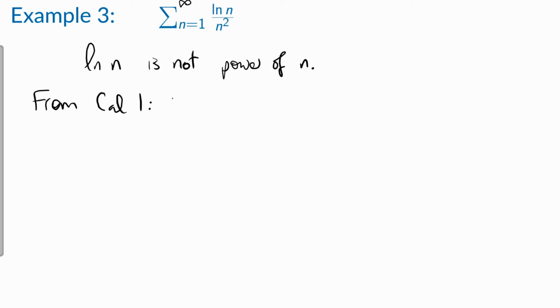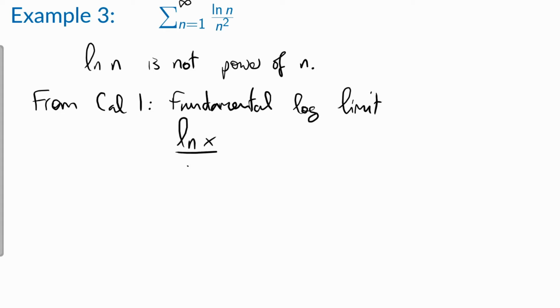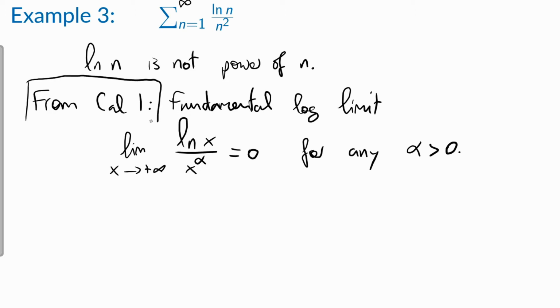This is the so-called fundamental log limit. This says that ln of x divided by x to the alpha, if I take the limit as x goes to infinity, is 0 for any positive number alpha. And actually this one is an easy enough thing to prove if you use L'Hopital's rule, and if you remember using L'Hopital's rule on that.